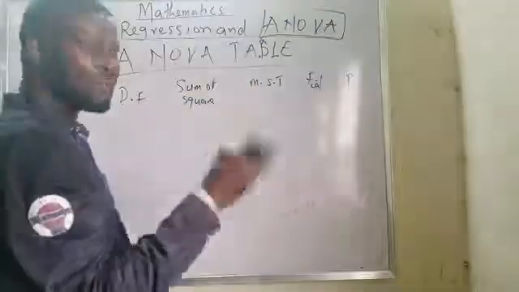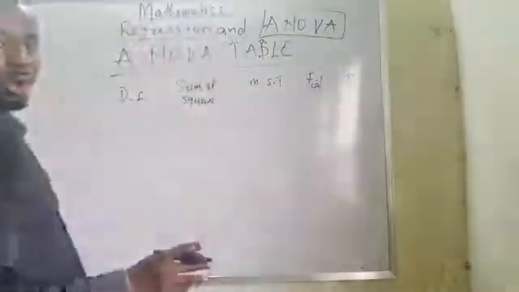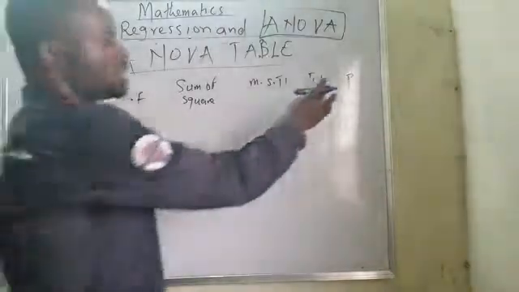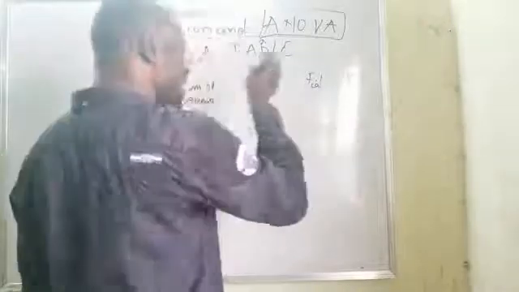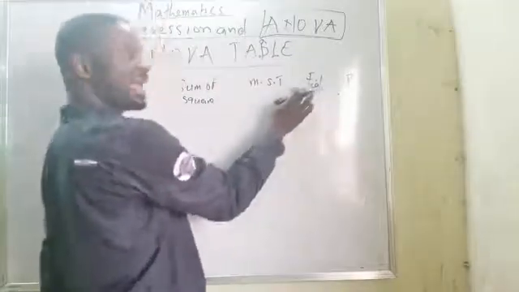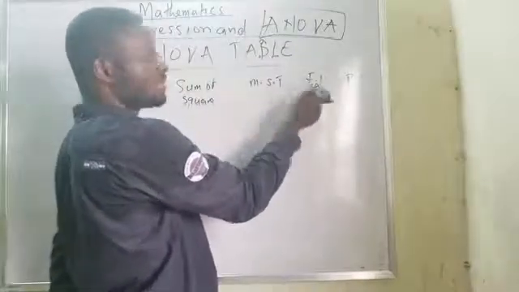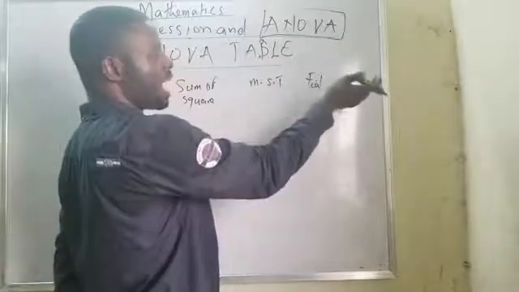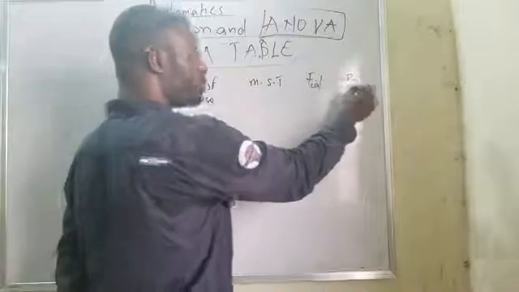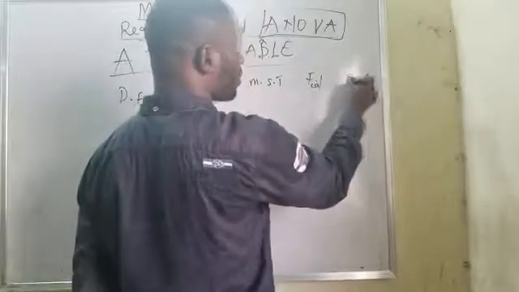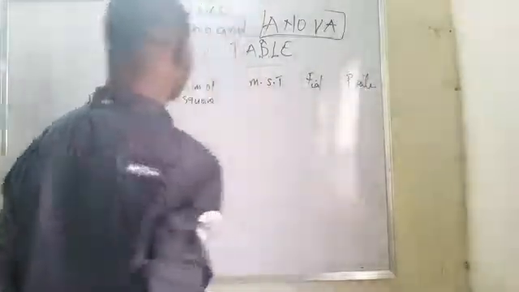Some people use F value and p-value anyhow, and you can call it P tabulated or F tabulated, anyhow you want. This one you can call F value, or F calculated, and this one we call F tabulated or p-value. Let me use p-value. I think it's common to use a p-value.